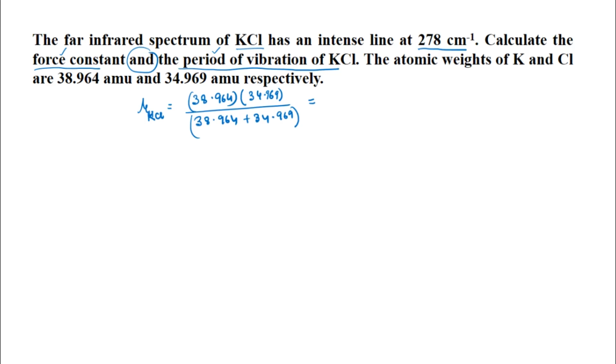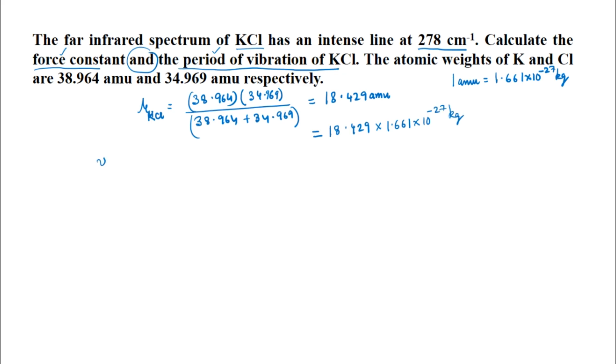So, this is equal to 18.429 AMU. Because 1 AMU equals 1.661 times 10 to the power minus 27 kg, we can write this as 18.429 times 1.661 times 10 to the power minus 27 kg.